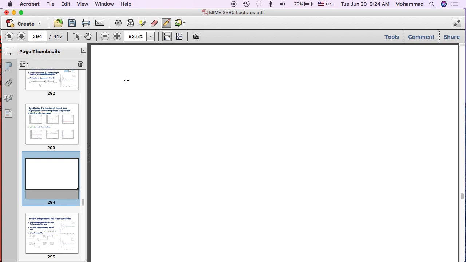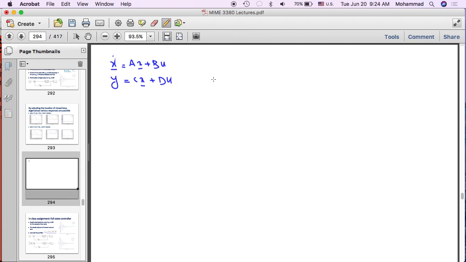So let's go back to our basic state space model. We know x dot is equal to A times x plus B times u, and y is C times x plus D times u. This is the basic state space model.